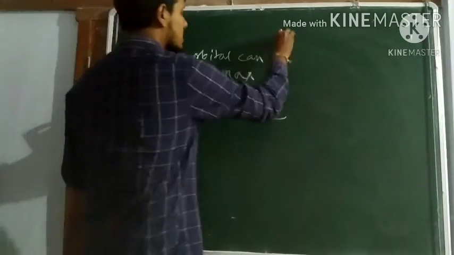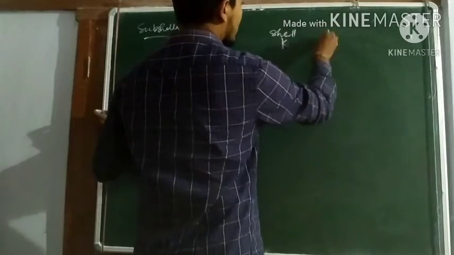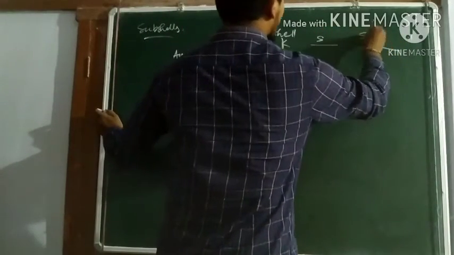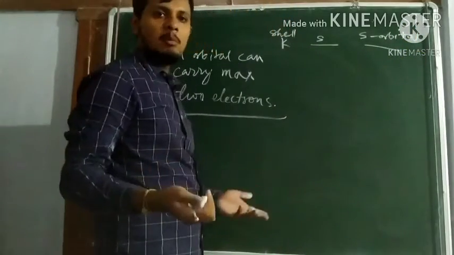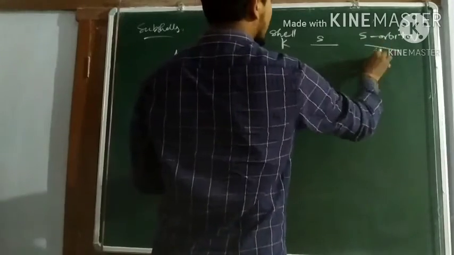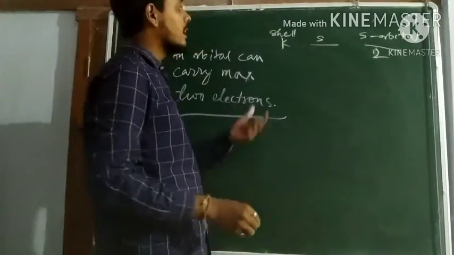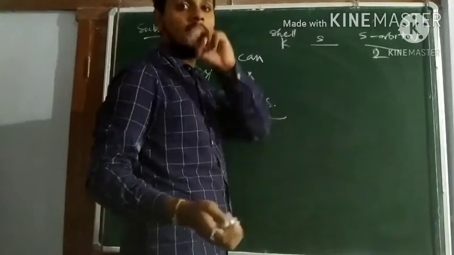That means if I see the k shell here, subshell eta, s subshell orbital eta, s orbital. So eta orbitalot কেটা ইলেক্ট্ৰন থাকিব পাৰে highest? That means 2 টা থাকিব পাৰে. That means s orbitalot অকল highest 2 টা ইলেক্ট্ৰন থাকিব পাৰিব. That means k shellot highest কেটা ইলেক্ট্ৰন থাকিব পাৰিব? K shellot highest 2 টা ইলেক্ট্ৰন থাকিব পাৰিব.